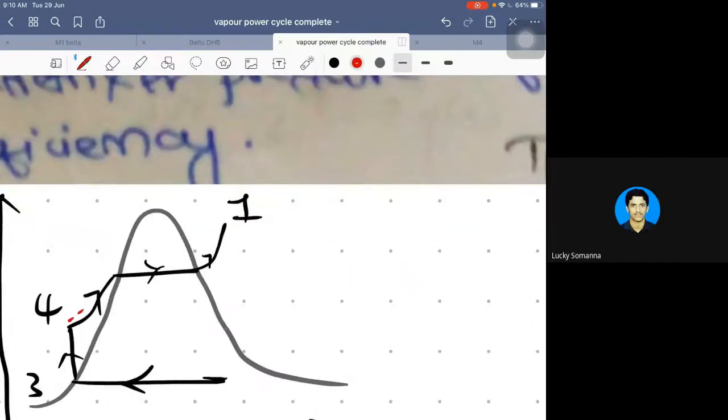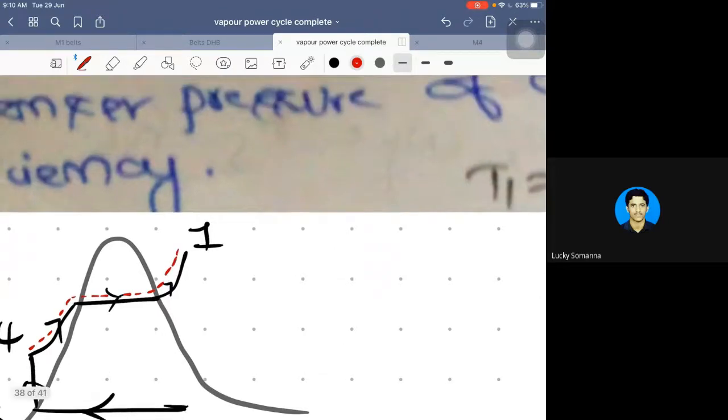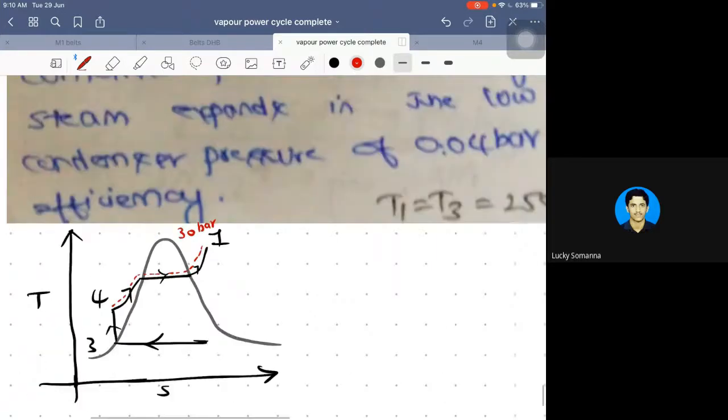All these isobars, this particular isobar, all of this is 30 bar. Is that clear?